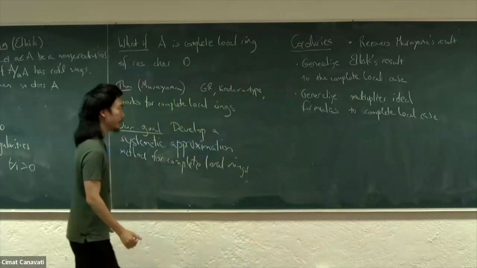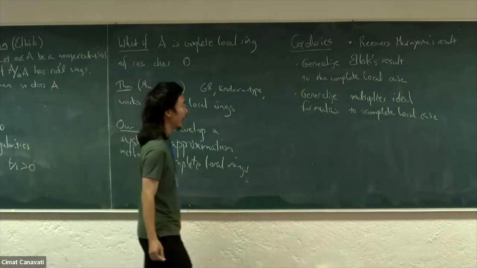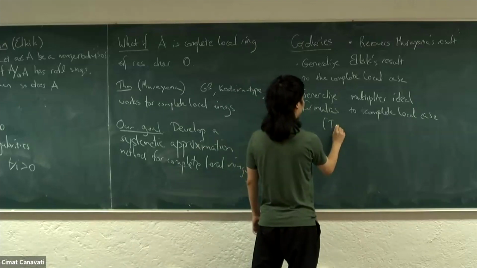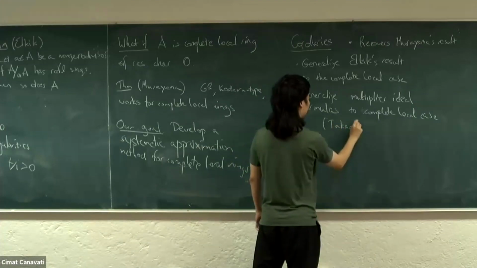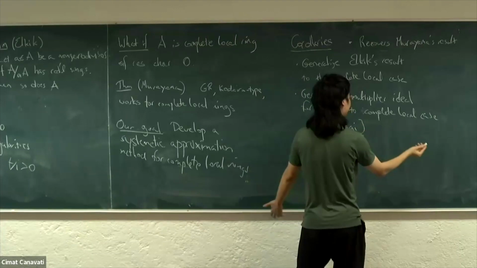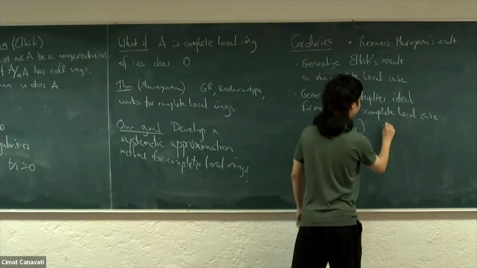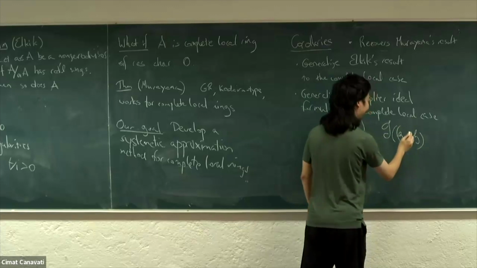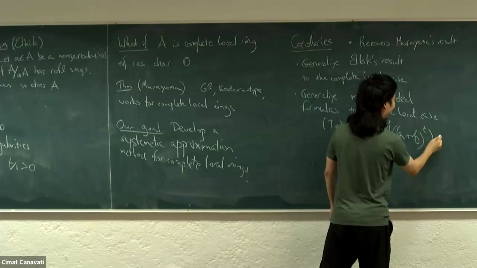So those include multiplier ideal formulas by Takagi. So for example, Takagi had this subadditivity. I'll just write this down without giving any definition because it will consume too much time.